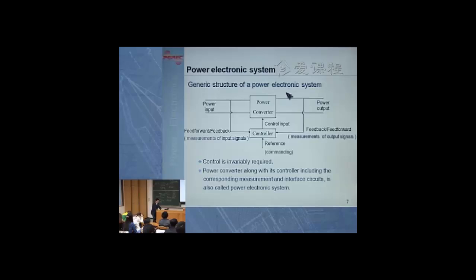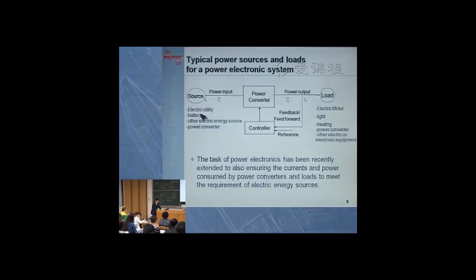The input source may be the electric utility, a battery, another energy source, or another power converter. The load might be an electric motor, a lamp, heating equipment, or another power converter.